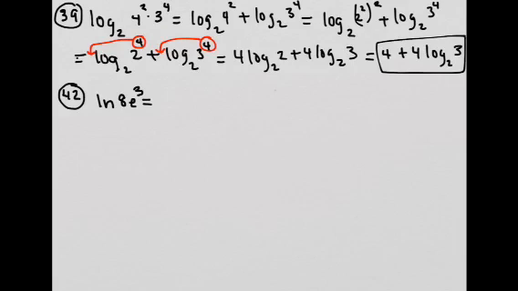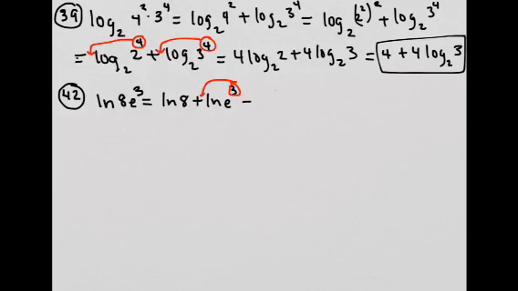Alright, so for 42, here's another natural log, natural log of 8e cubed. It's the log of a product, so I'm going to break it up as a sum of two logs. So this becomes natural log of 8 plus natural log of e cubed. And this 3 right here becomes the coefficient of that natural log.